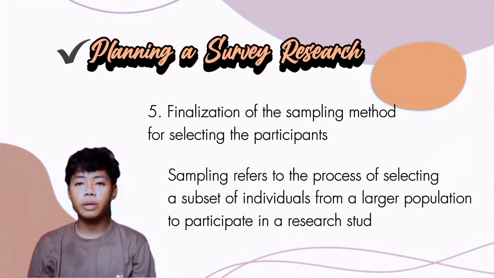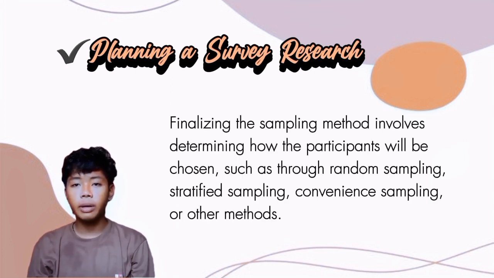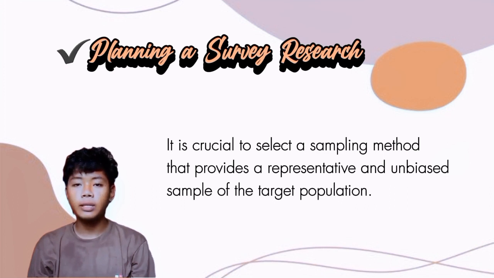Sampling refers to the process of selecting a subset of individuals from a larger population to participate in a research study. Finalizing the sampling method involves determining how the participants will be chosen, such as through random sampling, stratified sampling, convenience sampling, or other methods. It is crucial to select a sampling method that provides a representative and unbiased sample of the target population.